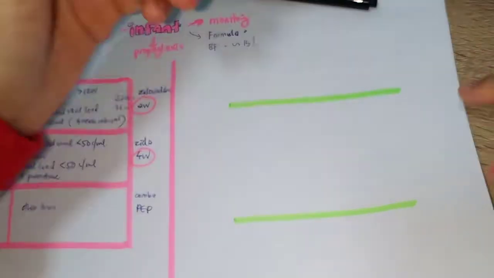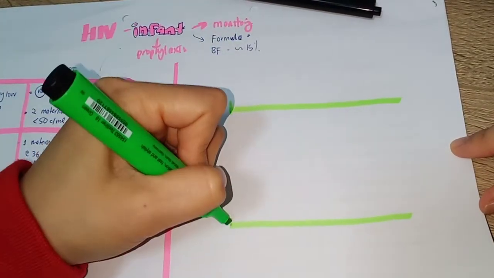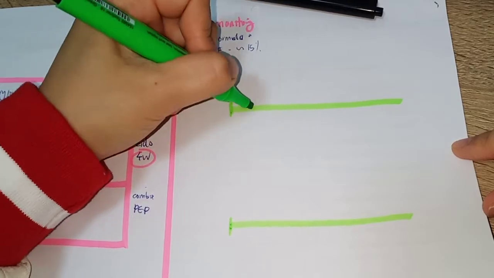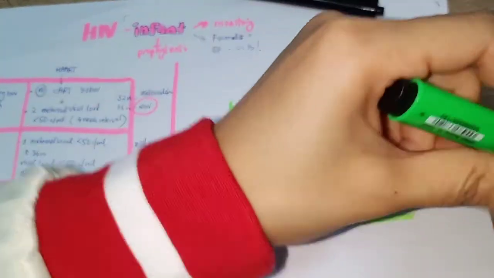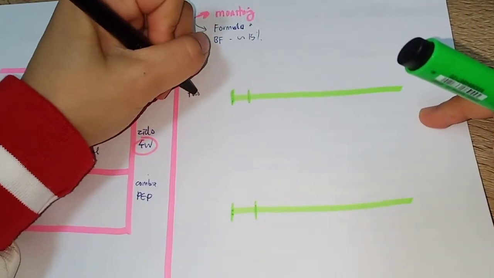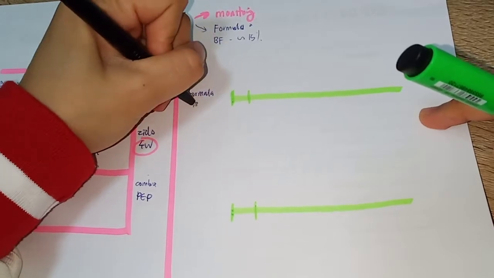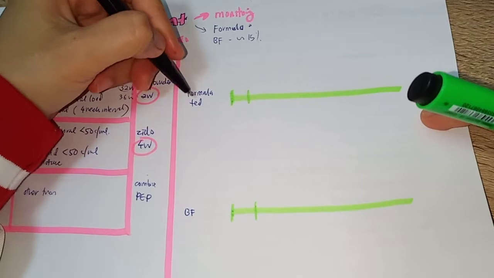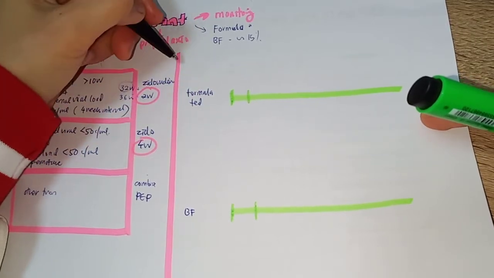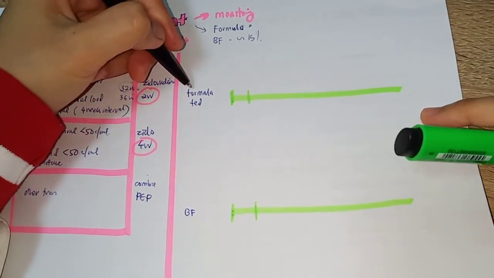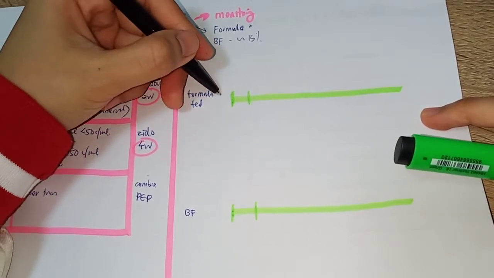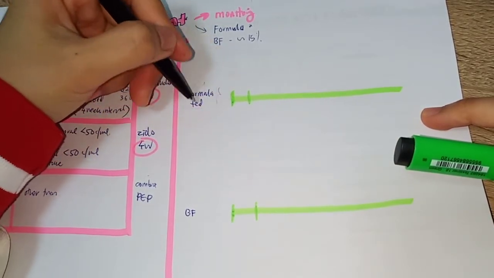So when should we take infant testing? This is the formula fed child, and this is breastfeeding. In a country like Malaysia, the government is giving formula milk to all HIV patients, so it is a must to ask patients to give formula feeding.